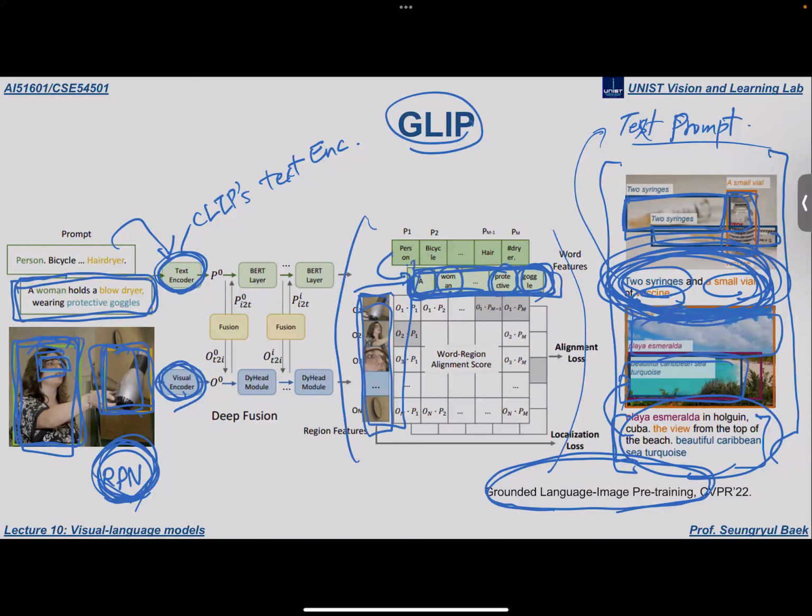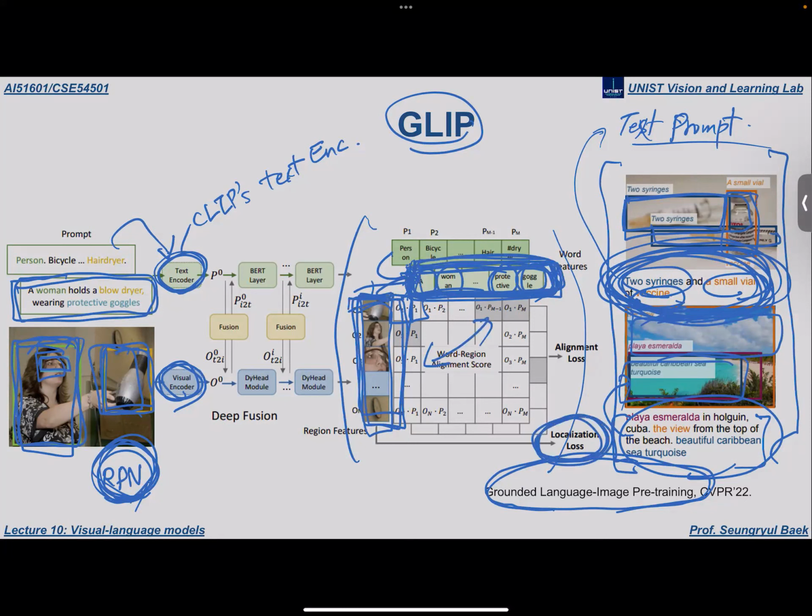They tokenize it and extract the features of the text here, and similar to CLIP, they align the text and object proposals. The text features of their sentence prompt and the object proposal regions, they align using similar contrastive learning.